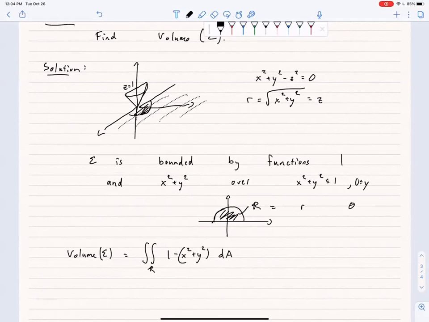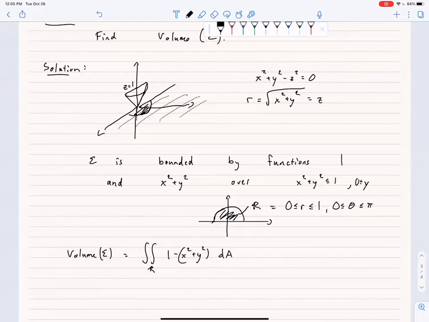For r, any ideas? Yeah, less than or equal to 1, right? R has to be non-negative, but okay, we'll put that in there. And for theta, yeah, between 0 and pi, great.